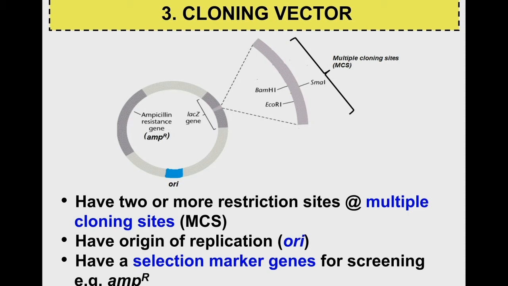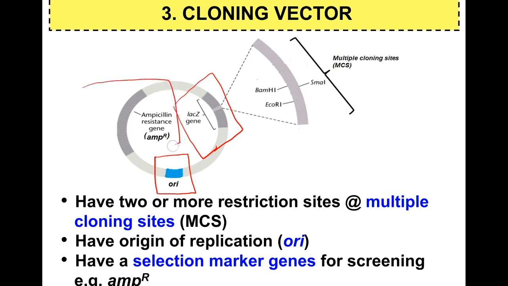Cloning vector consists of two or more restriction sites. They also have origin of replication and also a selection marker gene for screening, example ampicillin resistant gene.